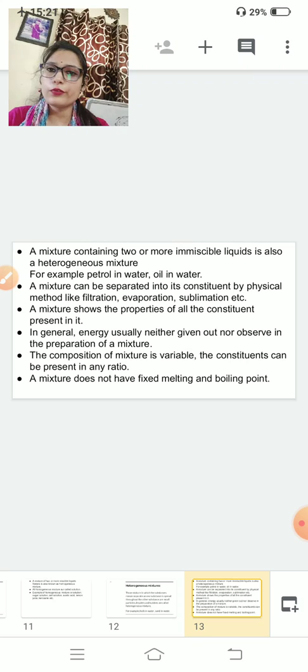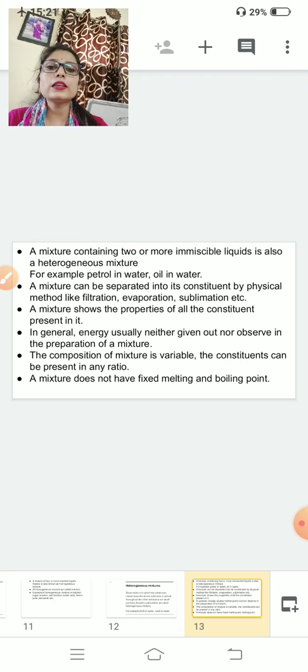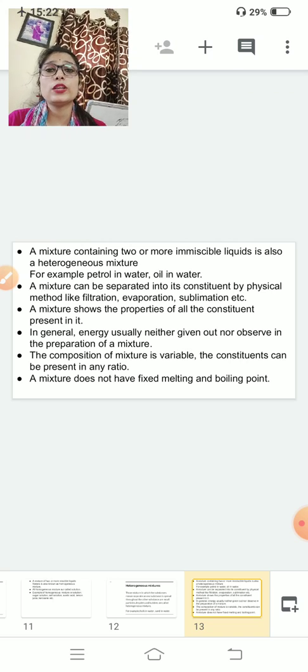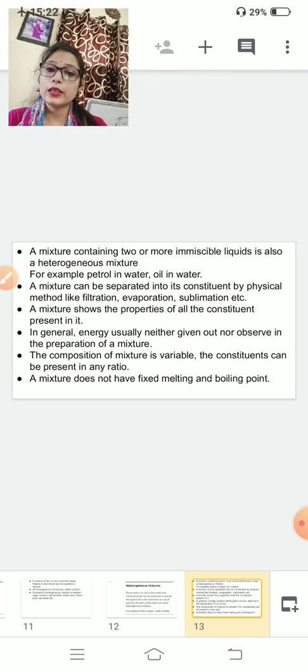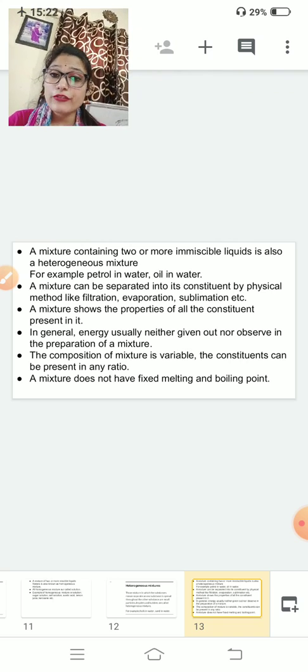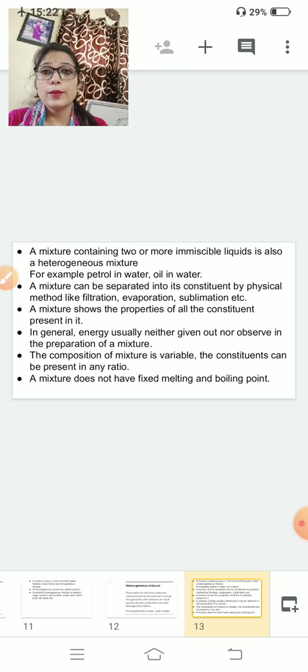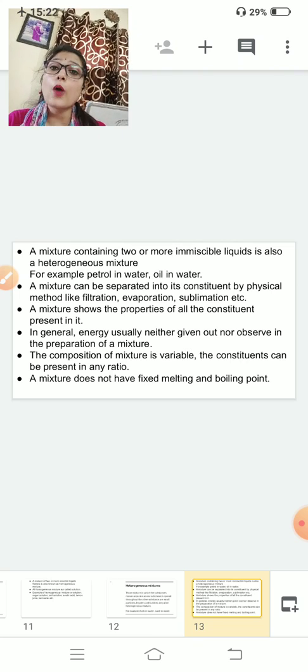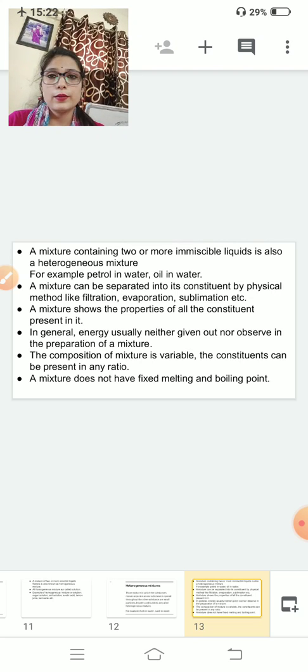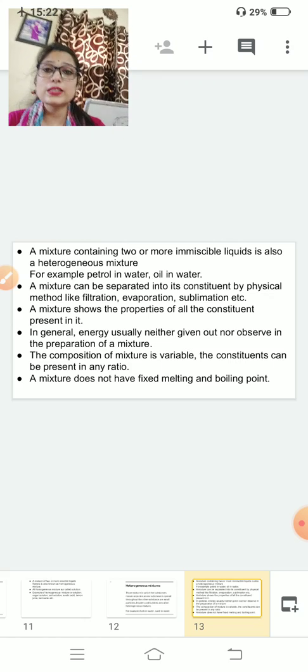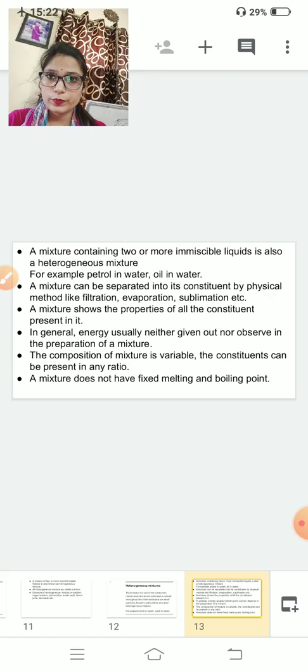The ratio is not fixed, and it can be present in any ratio, 1:8, 2:8, 2:3. It's your choice. A mixture does not have a fixed melting and boiling point. Why? If the ratio is not fixed, how can it give a fixed melting point and boiling point? Your ratio is changing, so it depends upon the ratio.